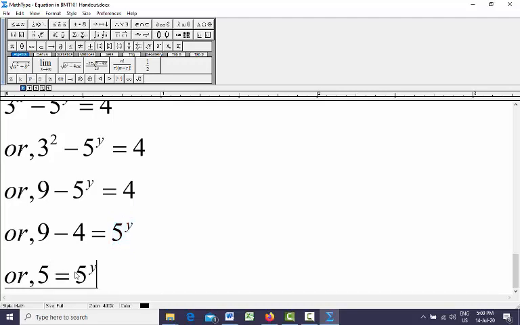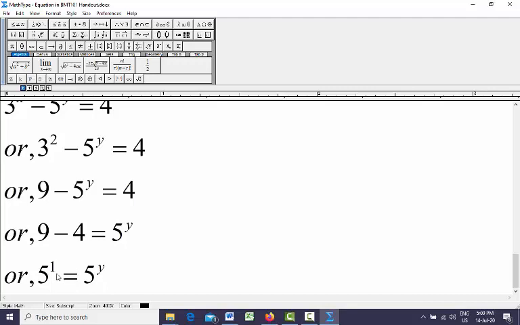Now you can see here we have only 5. We do not have any power here. But there is a power which is 1, because the power 1 you don't need to write.